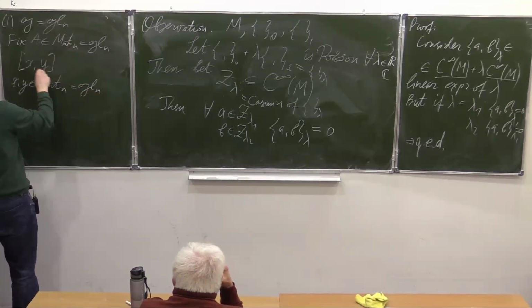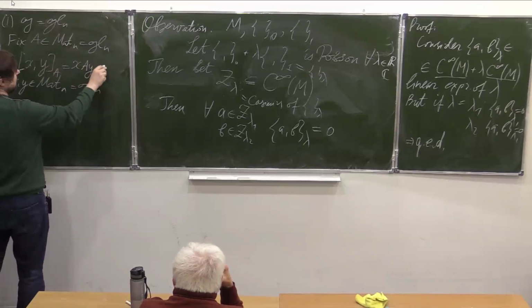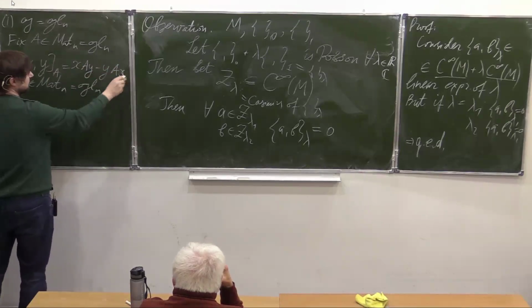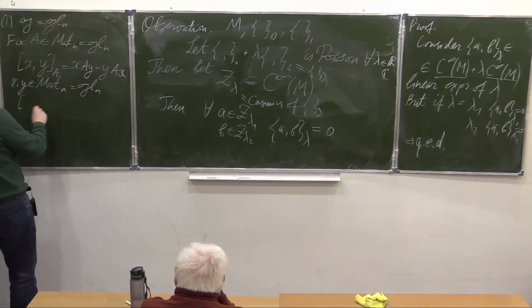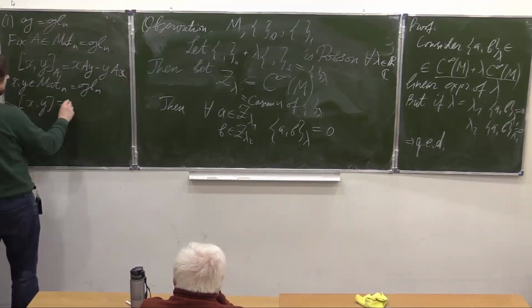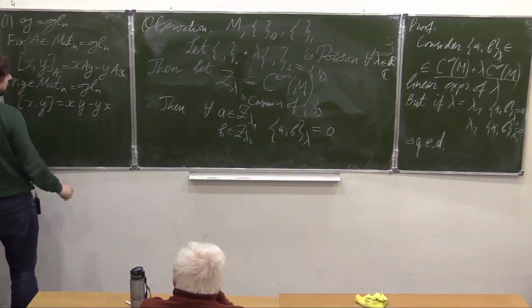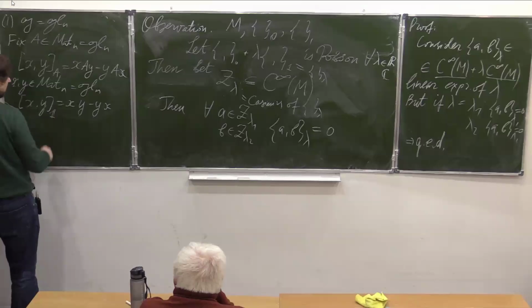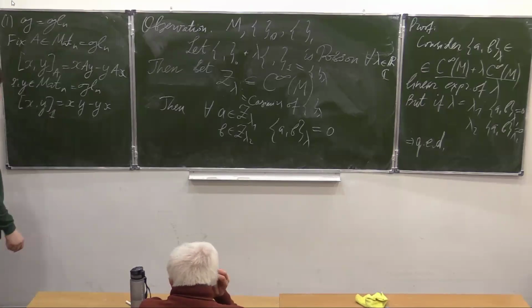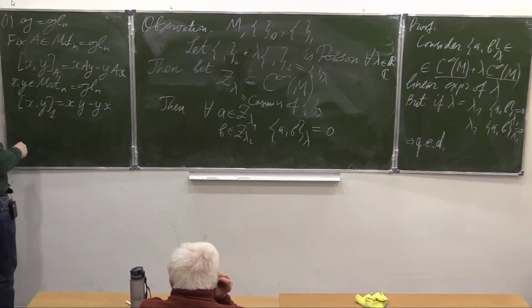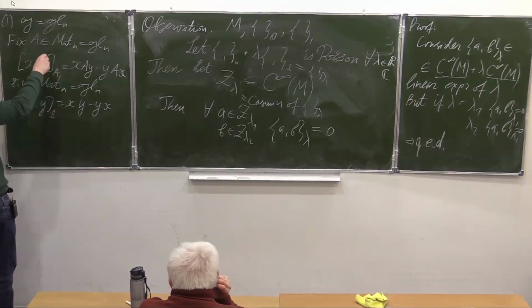So we take x and y and consider x A y minus y A x. Well, the usual bracket is just x comma y equal to x y minus y x. So it, so to say, corresponds to A equal to 1. So these two brackets give rise to a pencil of Poisson structures on SGLN.